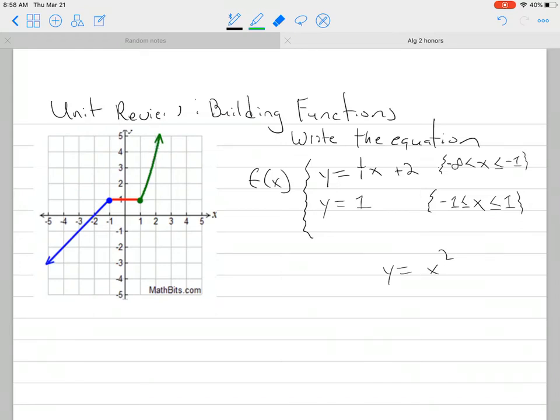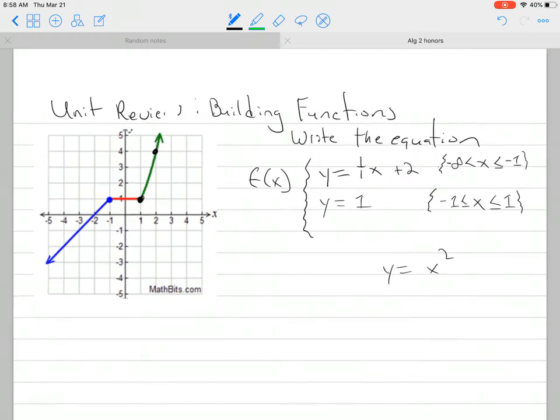So I see a couple points that I can test. This looks like a nice pretty point, and I know this is a nice pretty point. So let me see. I see when x is 1, y should equal 1. So let's see if that works. When x is 1, y is 1. 1 equals 1 squared. Okay, so that's good.